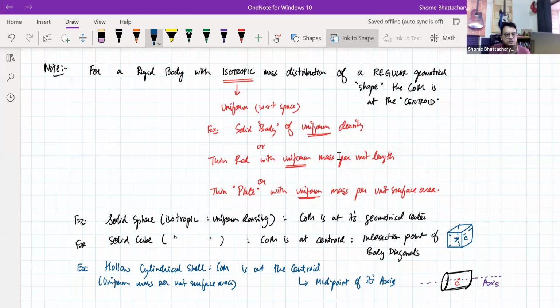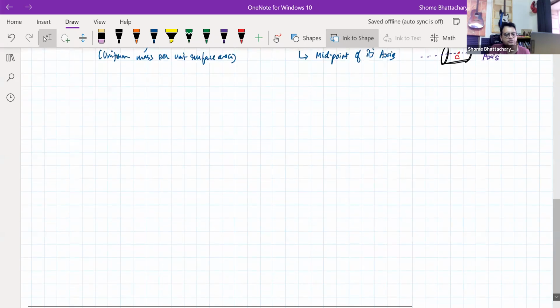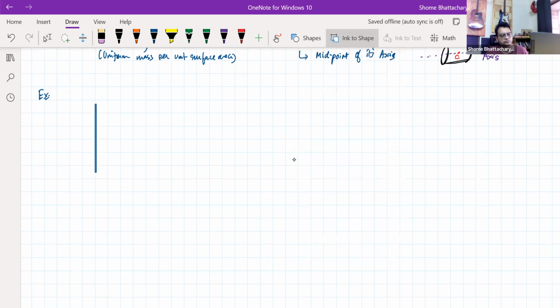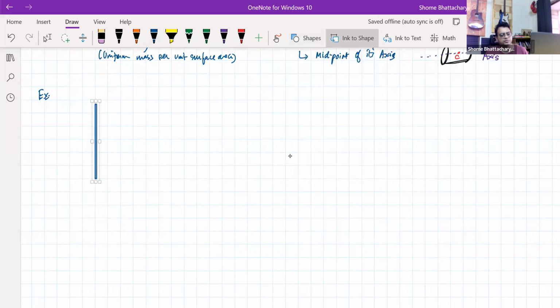Okay, so now for example, how we make use of this information to calculate the position of center of mass when a body is not exactly one of these regular shapes, but some kind of combination of them. So for example, we have this situation. We have a thin rod, but what we have done is we bent that thin rod into an L shape like this.